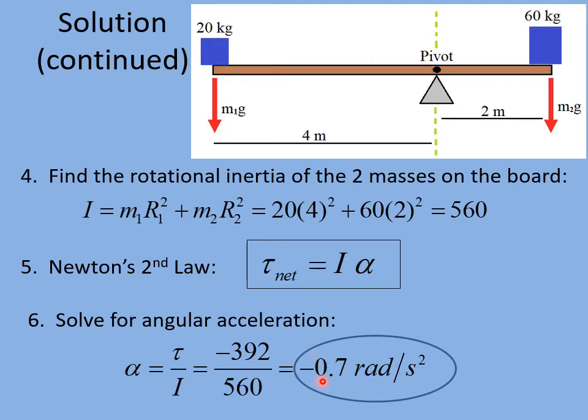Well, the minus sign, again, tells us that this thing is going to accelerate in the negative direction, which is the clockwise direction. Because remember, this heavy weight over here has created a larger torque than this lighter weight over here, and therefore this thing is going to rotate in the clockwise or negative direction.